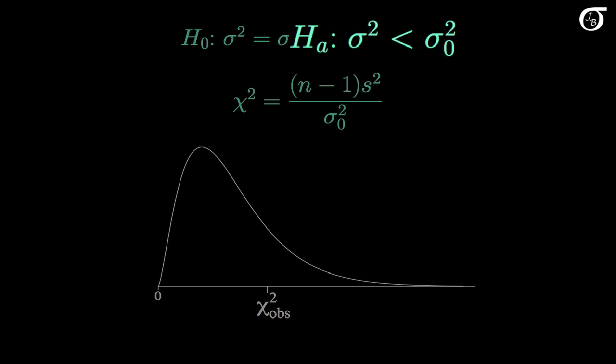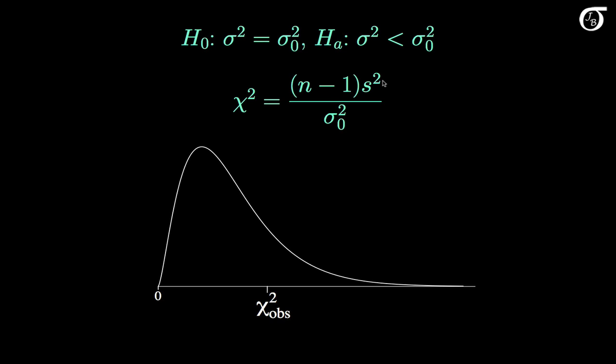Suppose instead we had this alternative hypothesis, that sigma squared is less than the hypothesized value, but we had the same observed value of the chi-square test statistic. If this alternative hypothesis is true, and sigma squared is in fact less than the hypothesized value, then s squared will have a tendency to be less than the hypothesized value, sigma naught squared, and this test statistic will tend to be small.